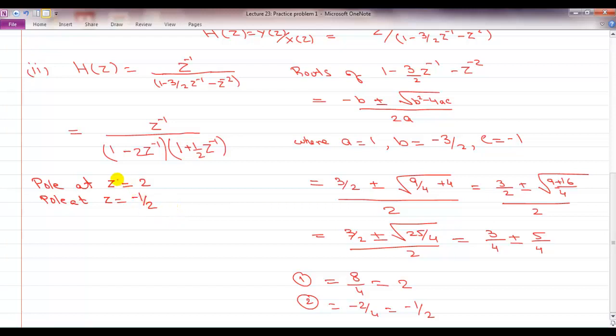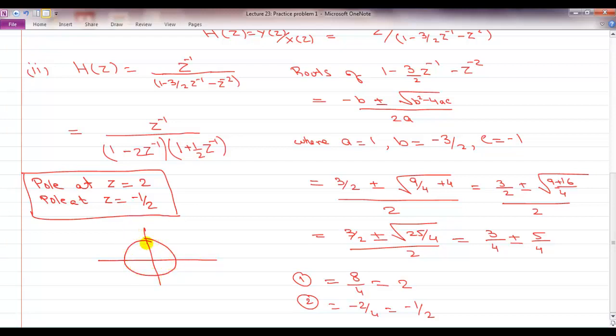So these are the two poles that we have gotten, and we can simply plot them. So z equal to 2 is here, and z equal to minus 1 half is here.